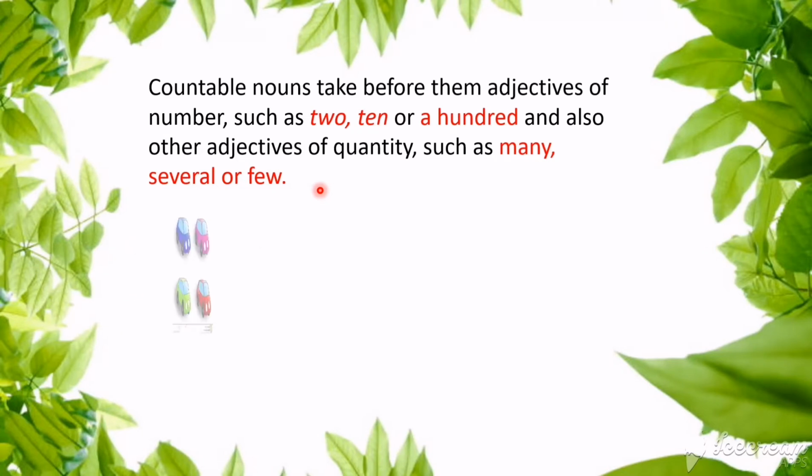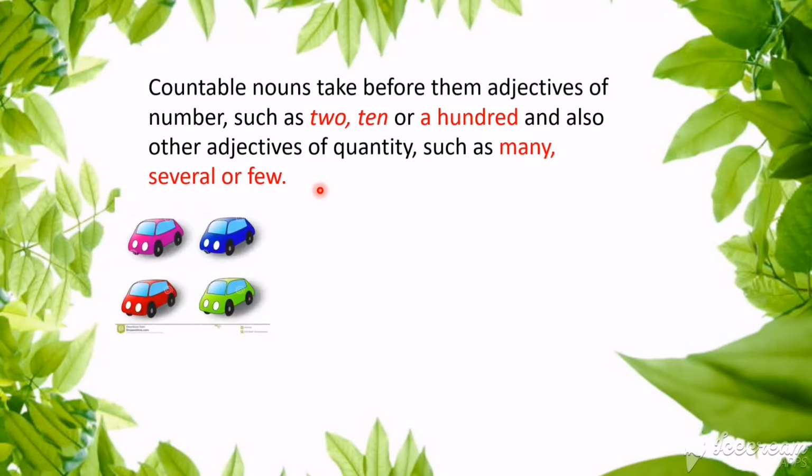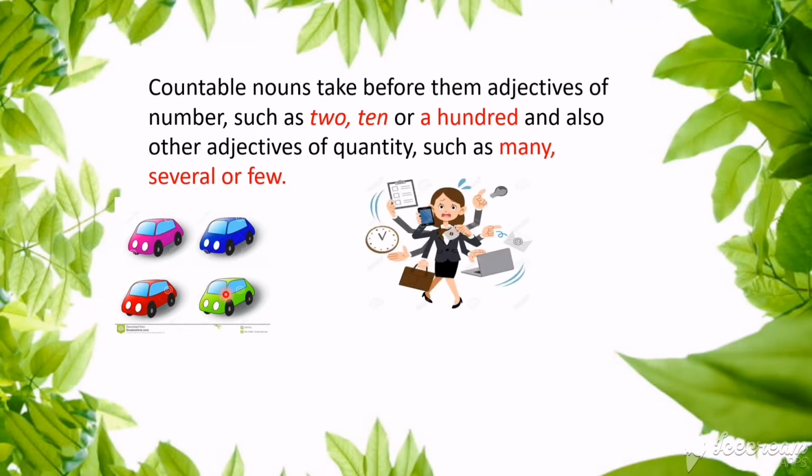Now look at this example, look at this picture. How many cars are there? There are 4 cars. So you can count the number of cars. 4 is the number that is used to represent the number of cars present in this picture. Now work. Can you count work?